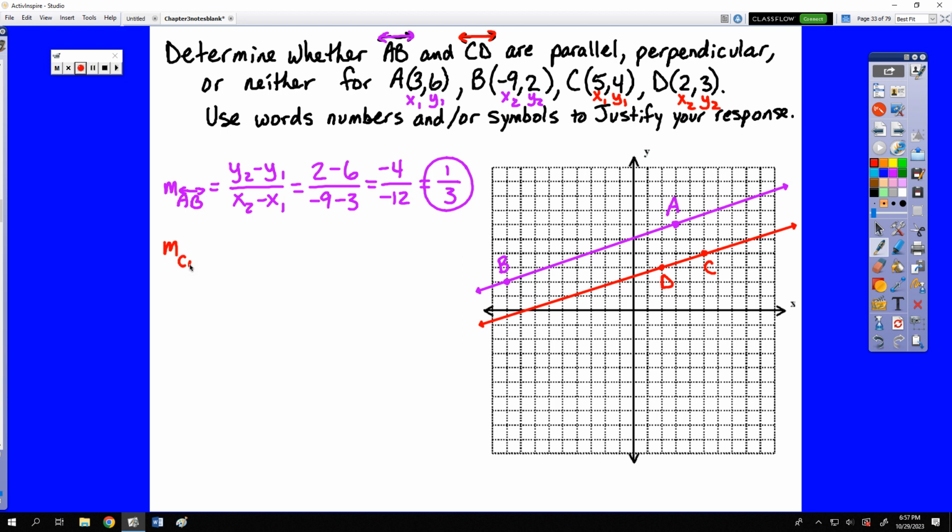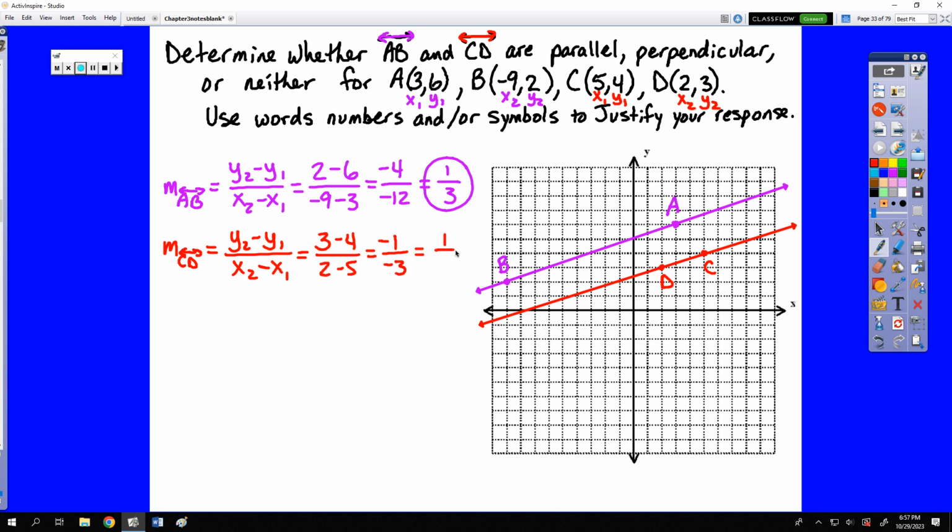So again, for C and D, we're going to label C as x1, y1 and D as x2, y2. And we're going to plug them into the slope formula, y2 minus y1 over x2 minus x1. That would be 3 minus 4 over 2 minus 5, which would be negative 1 over negative 3.